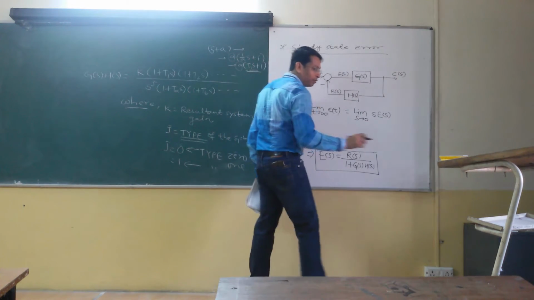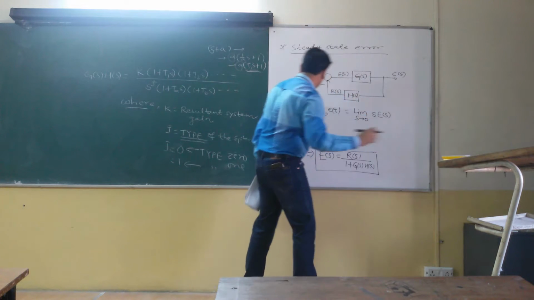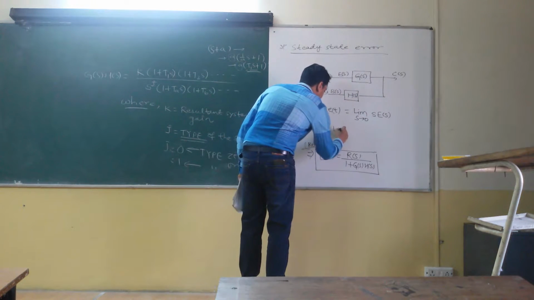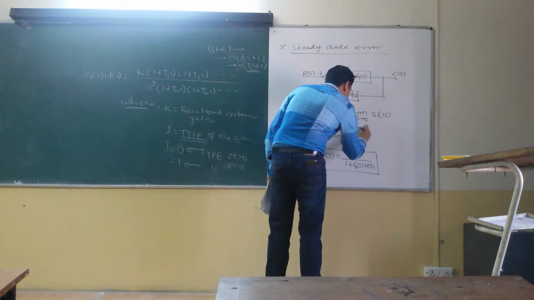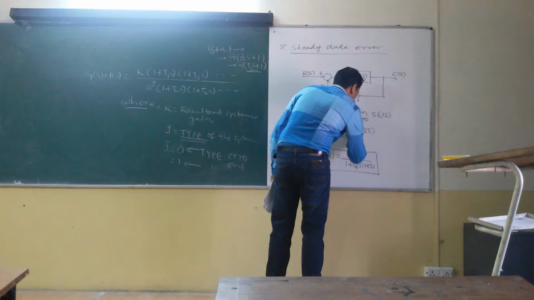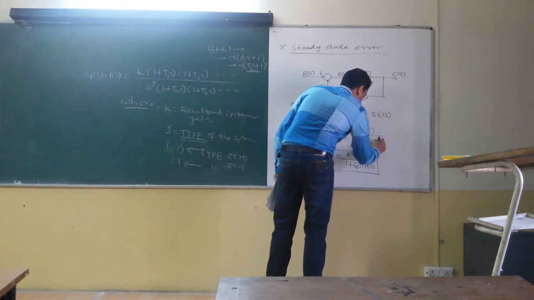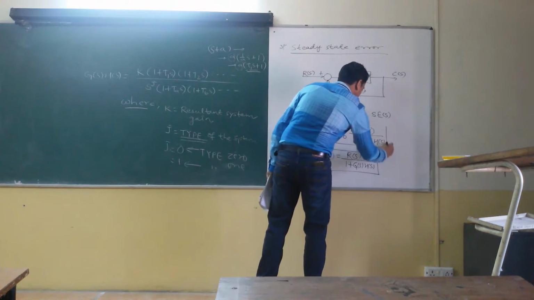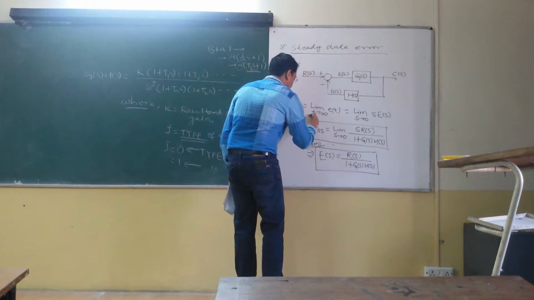Equivalently, ESS is limit s tends to 0 of s multiplied by R(s) divided by 1 plus G(s)H(s). So you can directly remember this ready-made formula.